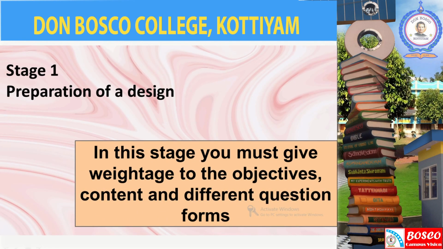So the first stage is preparation of a design. A test is not merely a collection of assorted questions. For making an effective test, you must give weightage to the objectives, contents and different forms of questions. In this stage, the first thing we have to keep in our mind is that we should give weightage to the objectives.